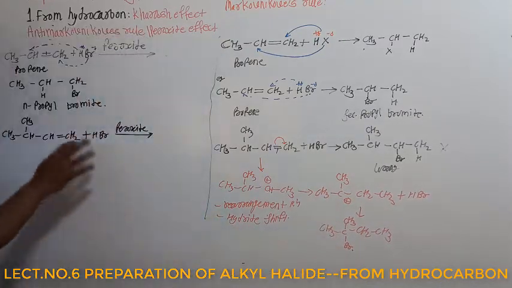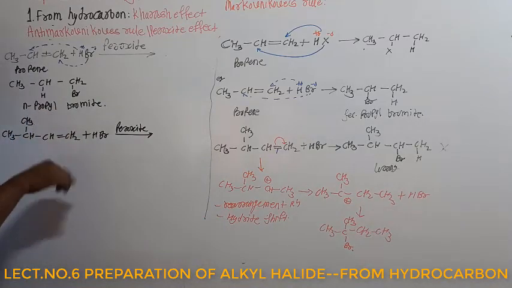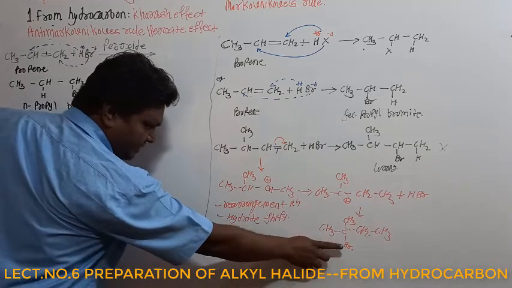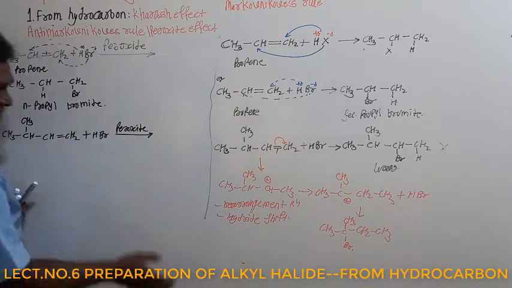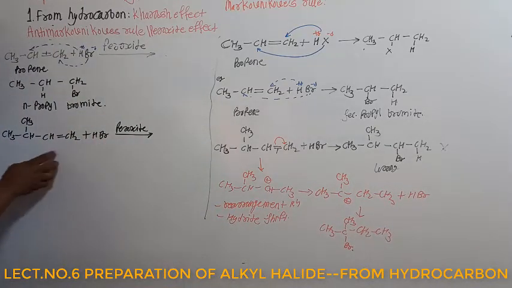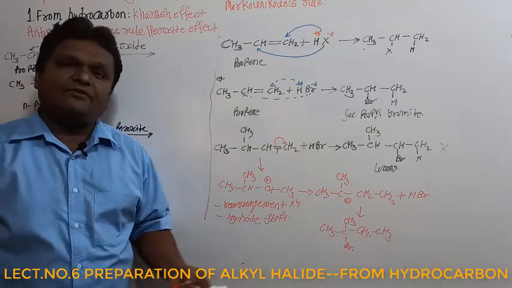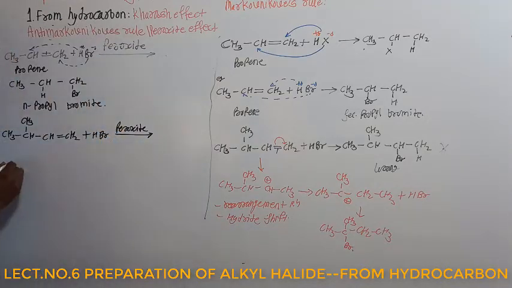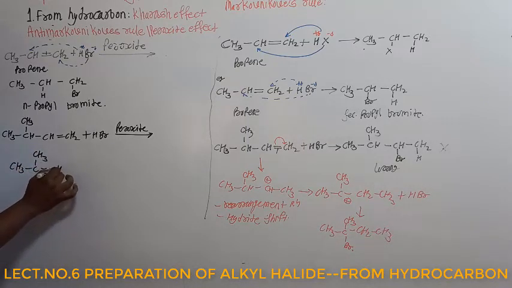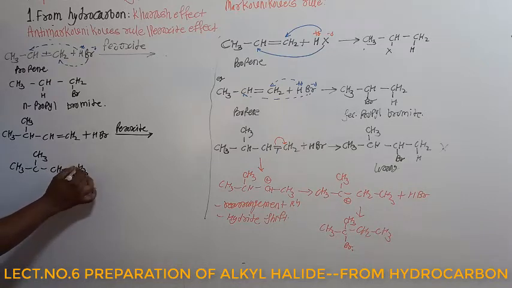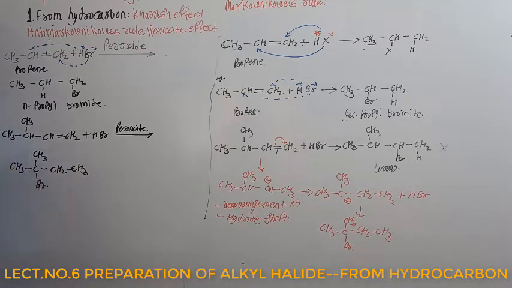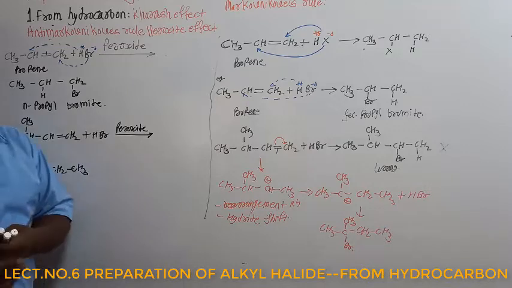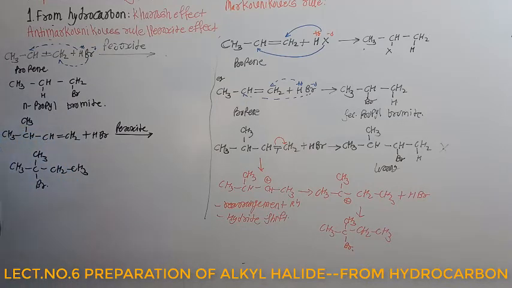Again, you're going to get the same thing. The same bromine atom is attached to the tertiary carbon atom. Here also you will find the bromine atom attaches to the tertiary carbon atom, just due to rearrangement and hydrogen shift reaction. So you will write directly here CH3, CH3, CH2, CH3 and bromine atom. Okay, this is called the Kharasch effect or anti-Markovnikov rule.